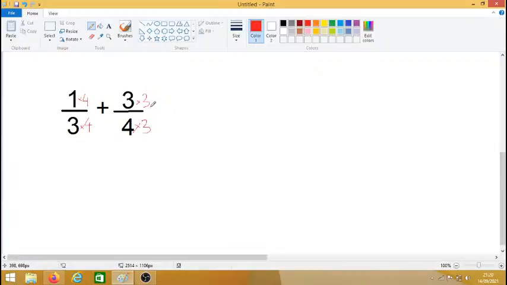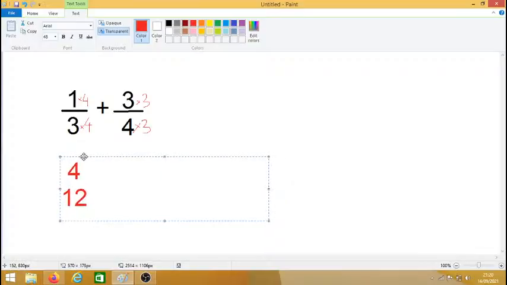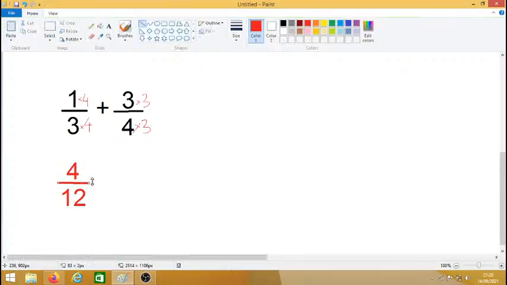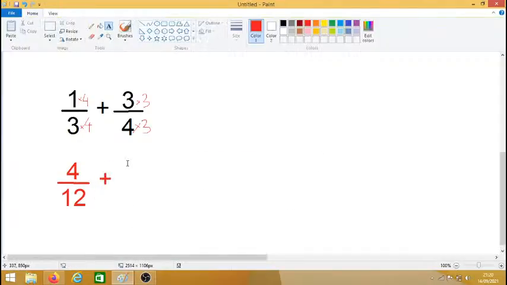And that way it's a bit longer, but you'll get the denominator to be the same and it'll work for much harder algebra questions. So the first one will become 4 over 12. And the second fraction, which we're timesing by 3, we're going to have 9 over 12.